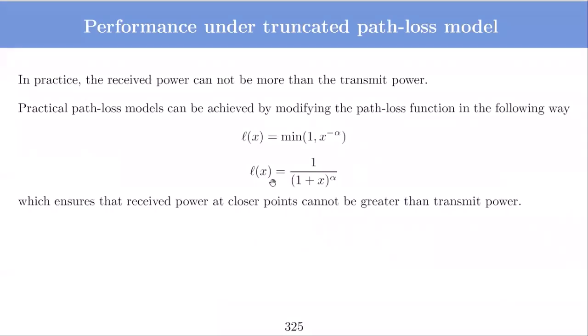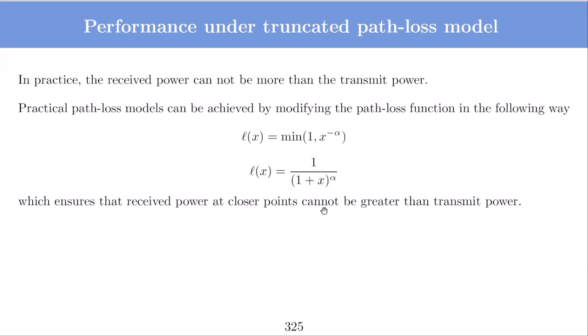So how can we use different path loss models? People have used other types of path loss models also. One example would be to upper bound the path loss by 1: at far distances, when this value is less than 1, the path loss is this, but as you come closer, the path loss cannot be more than 1. Or you can have this kind of 1 upon (1 plus x to the power alpha). This has a similar effect.